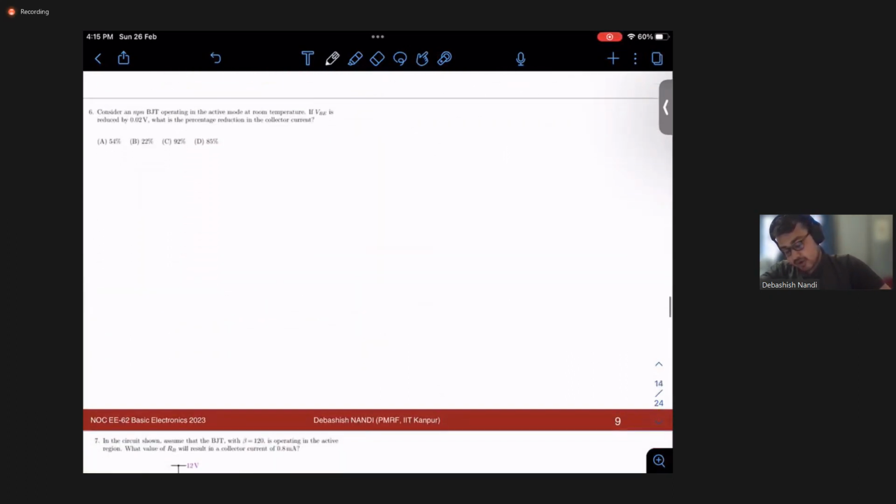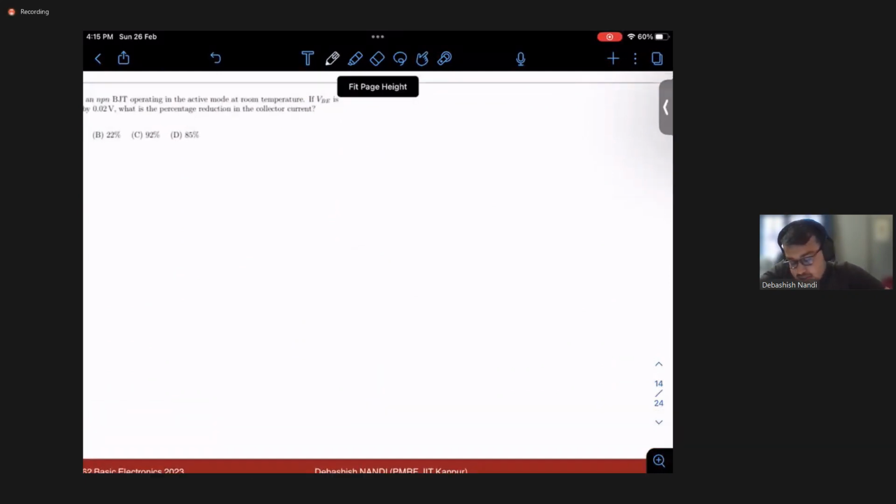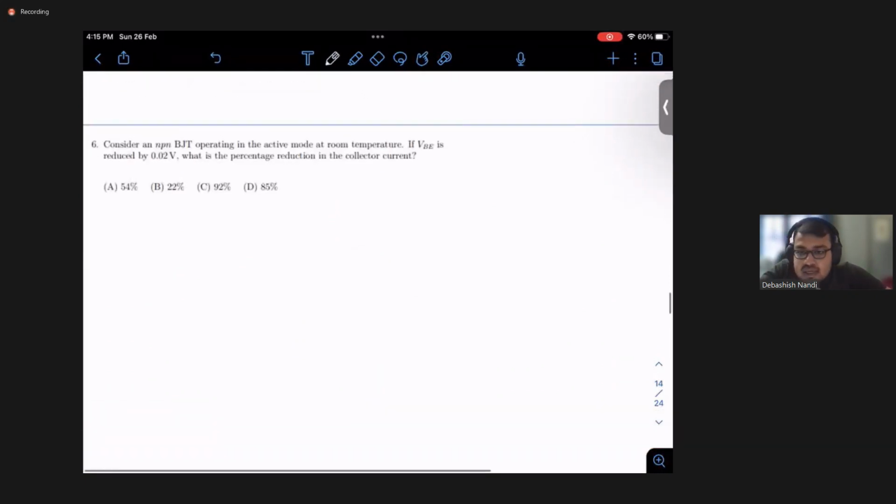Similarly, next problem. Let me zoom it out. Consider an NPN BJT operating in active mode. Again, this is forward active, room temperature, VT is equal to 26 millivolt.